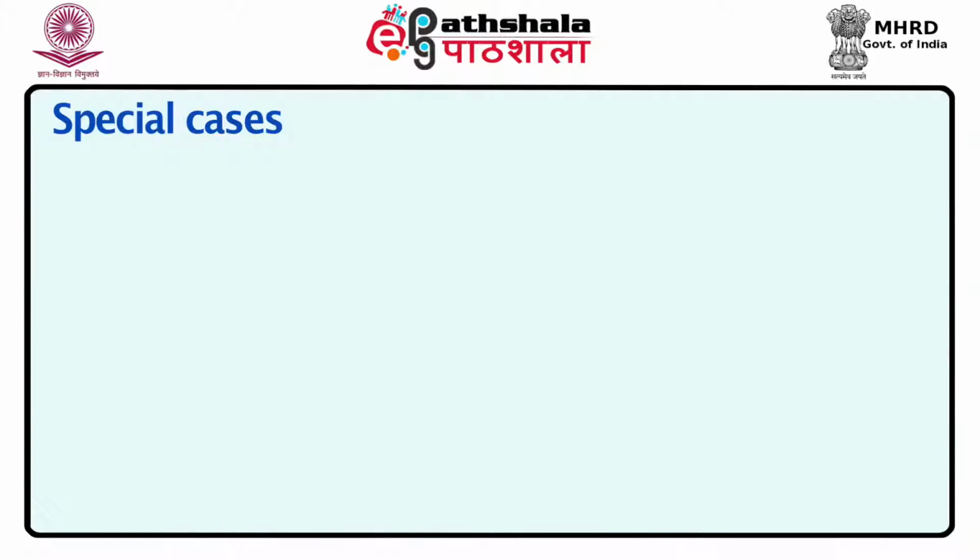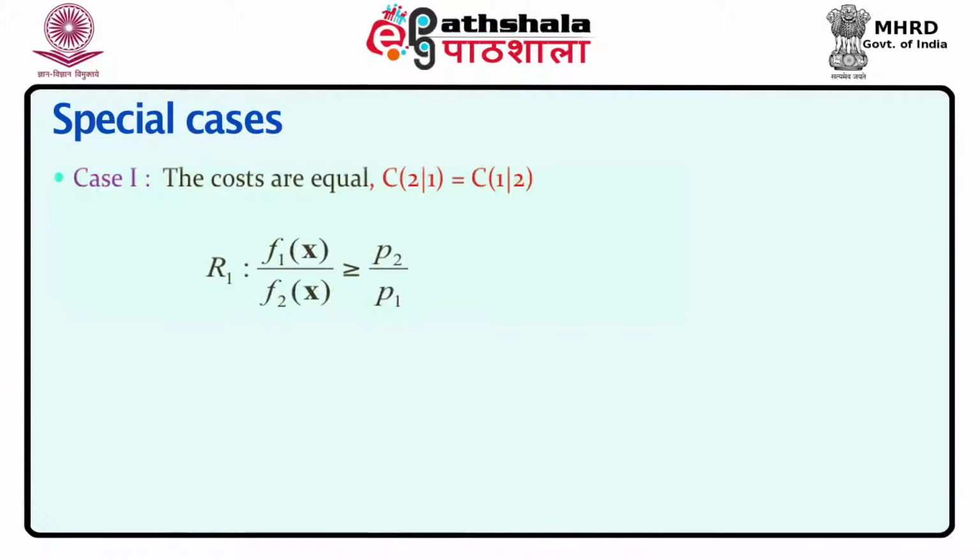Some of the special cases here are, firstly, the costs may be equal. So if you have C(2|1) equal to C(1|2), then the result actually reduces to f1(x)/f2(x) greater than or equal to p2/p1 being the R1 region, that is, you place the individual into G1, and f1(x)/f2(x) less than p2/p1 being the R2 region, that is, you place the individual in G2.